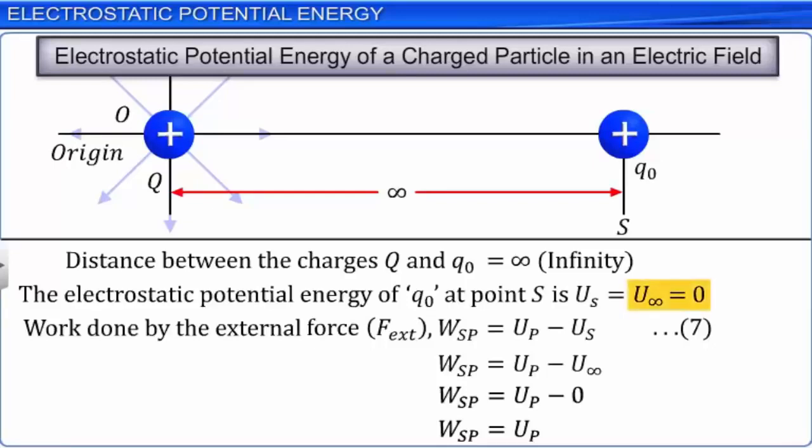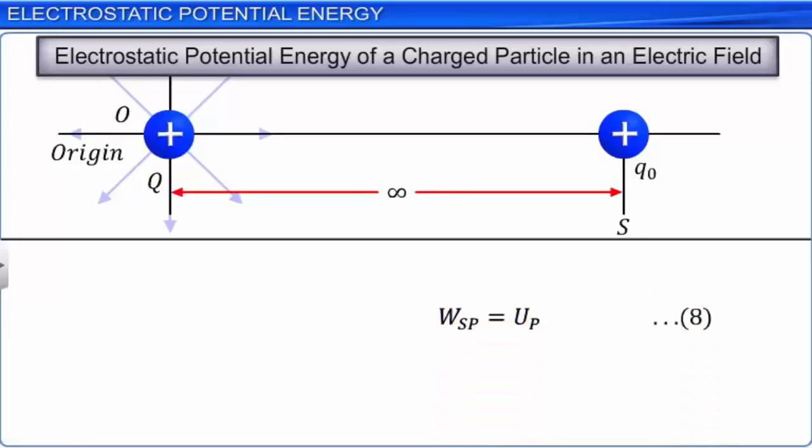Let this be equation 8. Based on equation 8, the electrostatic potential energy of a charge Q0 can be defined as the work done by an external force to bring a charge Q0 from infinity to a point in the electric field of any charge distribution, which is equal to the electrostatic potential energy of the charge Q0 at that point.